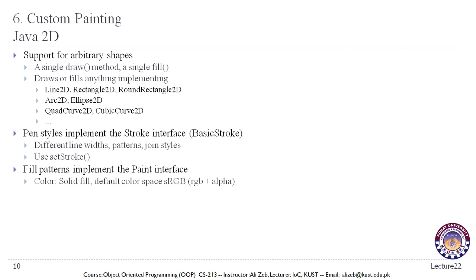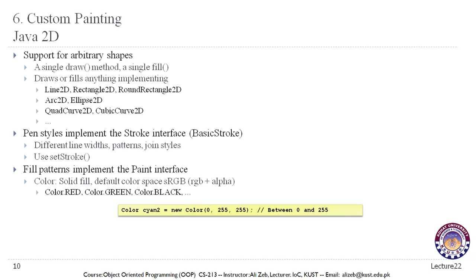For example, we can have a solid fill, with the default color space as RGB: Color.red, Color.green, Color.black. We'll see in the examples how we use these colors for our shapes. So we can have an object of the Color class initialized to a certain color, with values between 0 and 255.